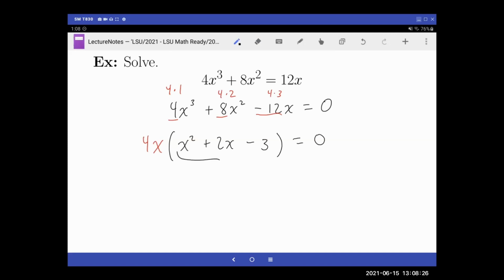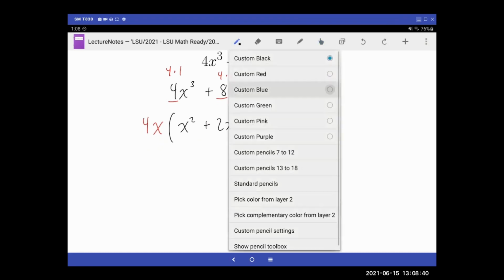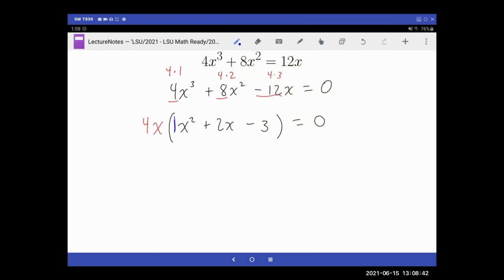Now this is a quadratic, and we'll factor that really quick. How would I factor that? Well, there are different methods. I'm going to use a little shortcut because it applies here. If there's an understood 1 here, you really just need to focus on this negative 3.